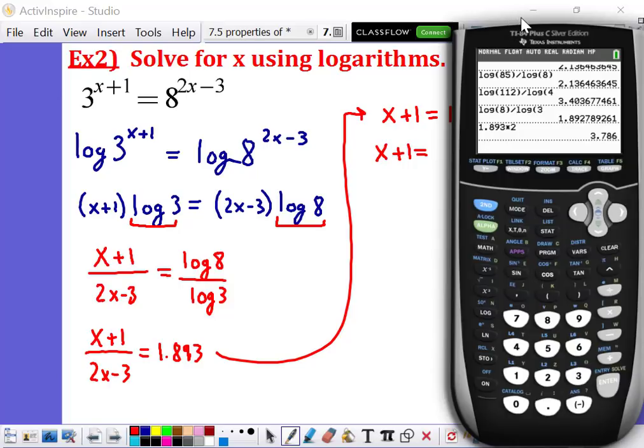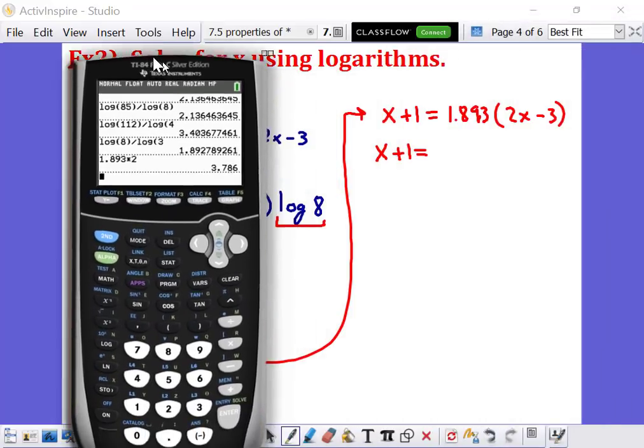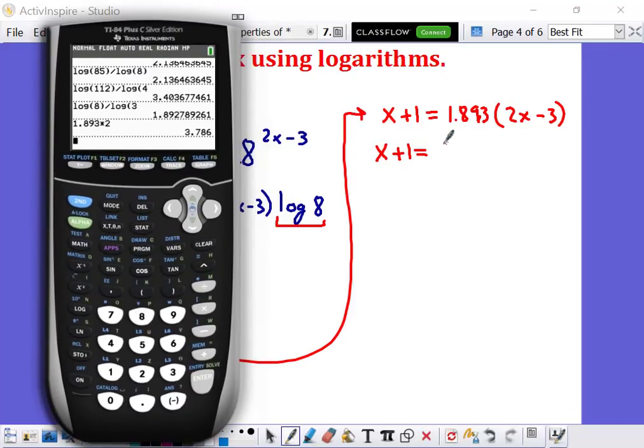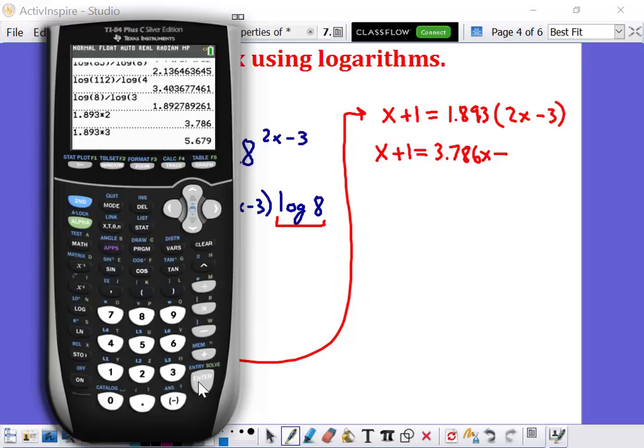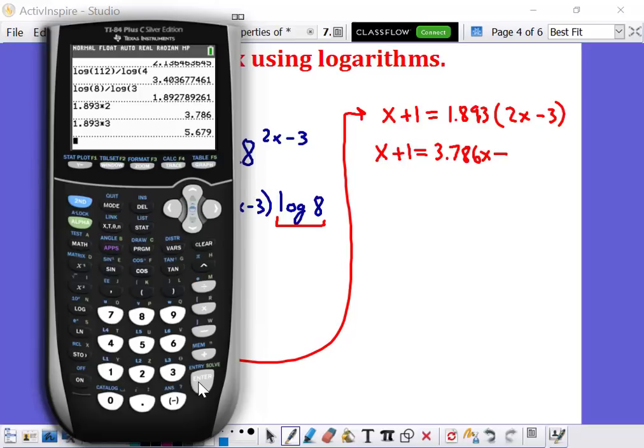So it's 3.786x minus, don't forget your x, minus 1.893 times 3. I get 5.679.